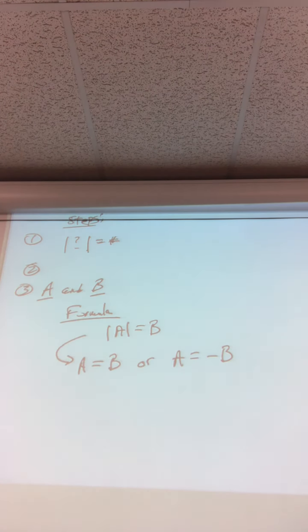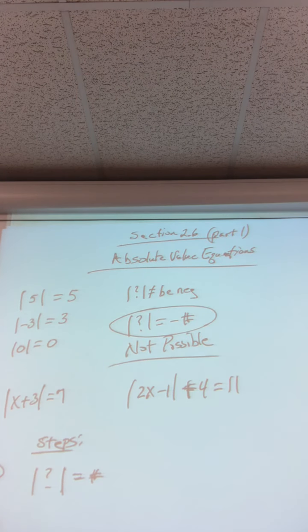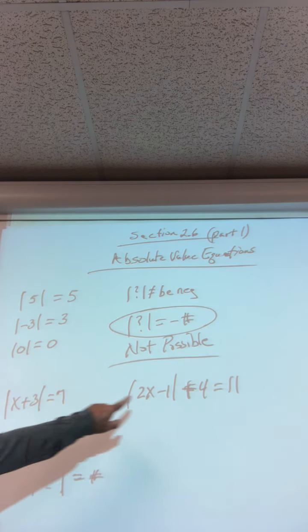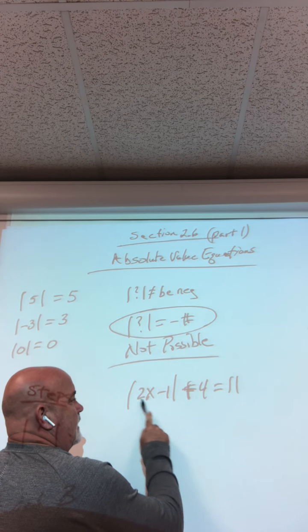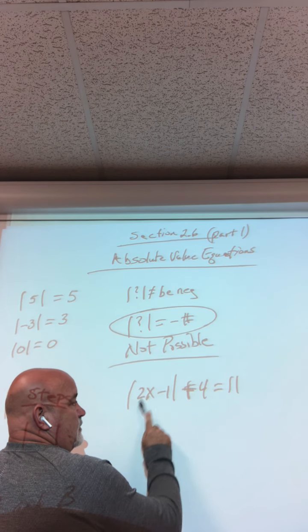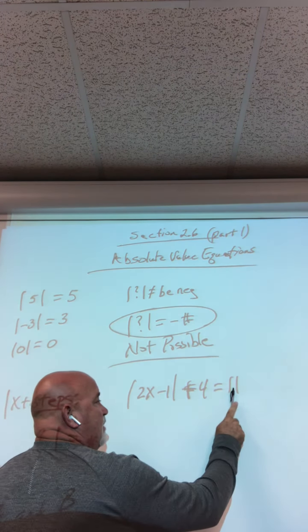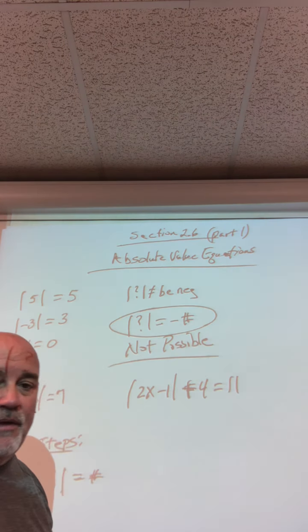For instance, let me get a little ahead of myself. In this problem, if I ask you what is A, A is X plus 3. What is B? 7. But in this problem, if you say that A is 2x minus 1, and it is, but you say that B is 11, you would be incorrect.